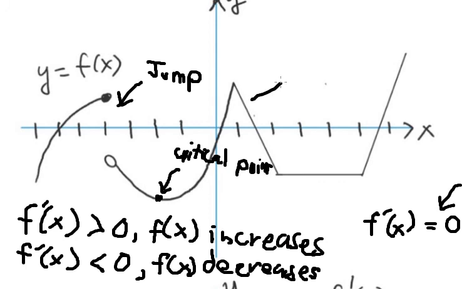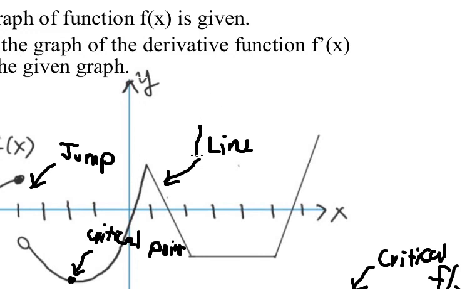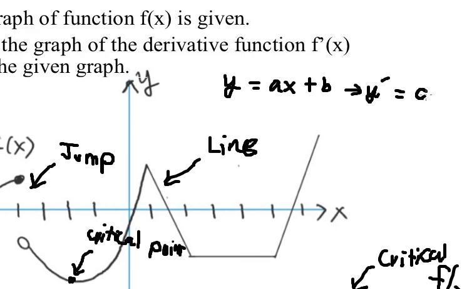So for this one, we can see that this is a line. We know the formula of the line should be y equals ax plus b. So if we take the first derivative of this one, we have only a. We can see that this is decreasing, that means a should be negative.